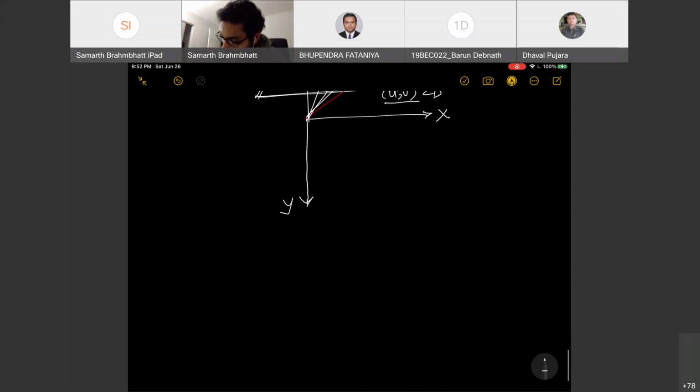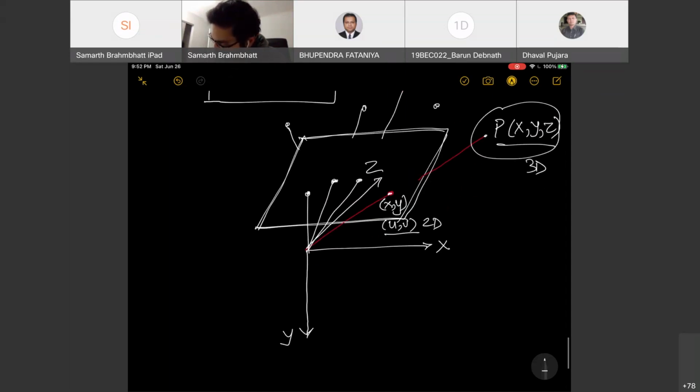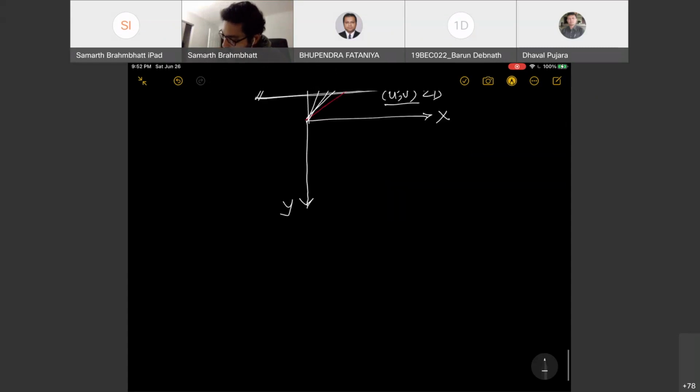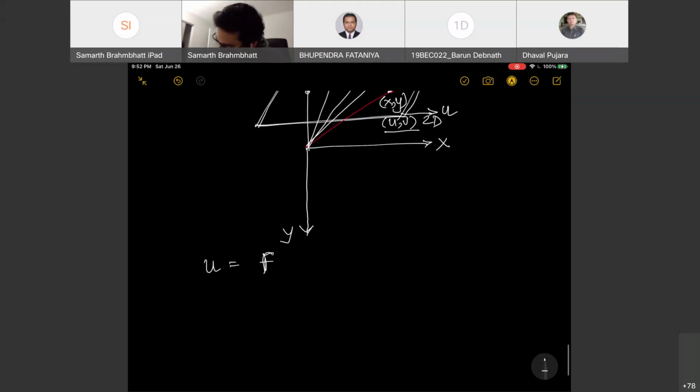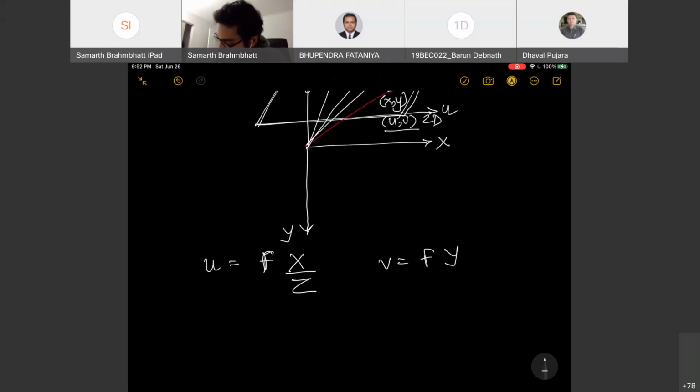And what is that conversion? So here, for example, this is the U axis, this is the V axis. So U is my focal length times X divided by Z, and then V is my focal length times Y divided by Z.